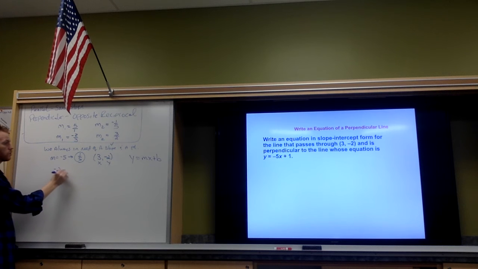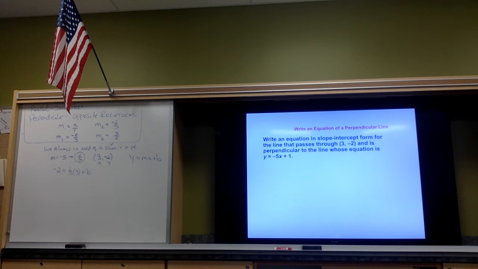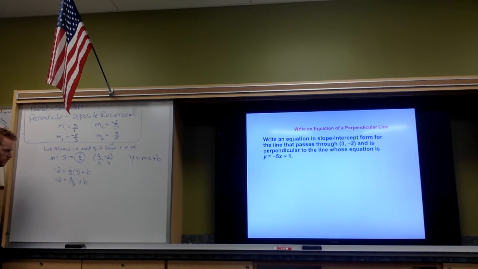So -2 equals 1/5 times 3 plus b. So -2 is 3/5 plus b. Subtract the 3/5 from the other side. I'll put that over 1. I'll combine the fractions here. I don't know why I don't like mixed numbers.